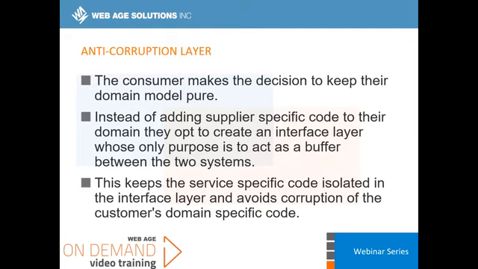So I act as some sort of a buffer between the two systems, and there's multiple ways for us to implement the anti-corruption layer. There are a couple of design patterns that we may choose to employ here.